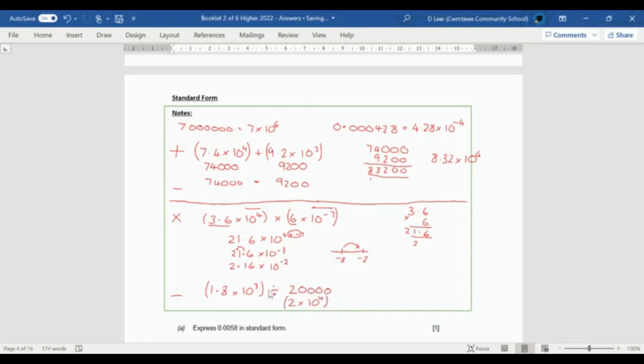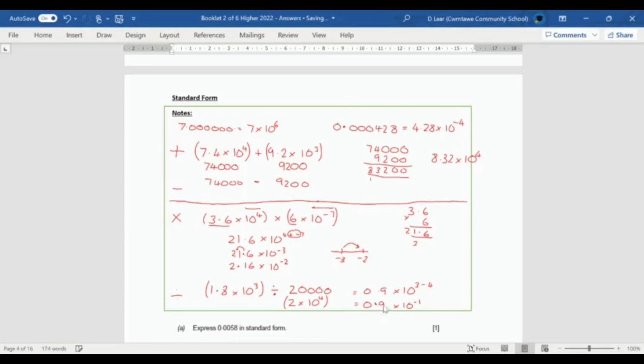Okay, then divide the numbers. 1.8 divided by 2, half of 1.8, which is 0.9, times 10. And if you're dividing, you take away the little numbers. So 3 minus 4. So the answer is 0.9 times 10 to the power minus 1. However, same problem again: that number is not in standard form.